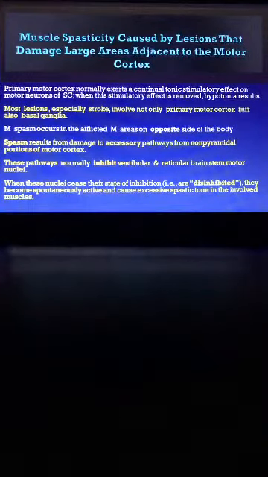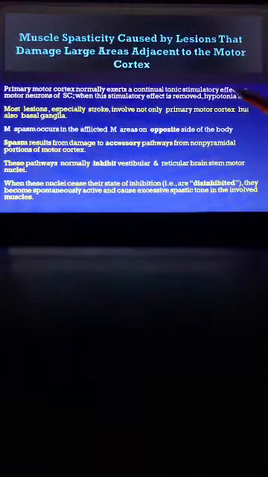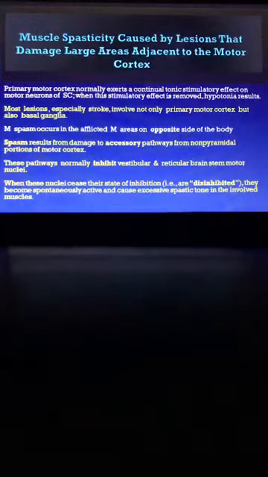Muscle spasticity caused by lesions in the motor area. The primary motor cortex normally exerts a continual tonic stimulatory effect on motor neurons of the spinal cord. وإذا صارت مشكلة بهاي primary motor cortex ينتج عنها فد شيء نسميه hypotonia، يعني تقل التون of the muscles، ارتخاء، يصير ارتخاء. نعم.